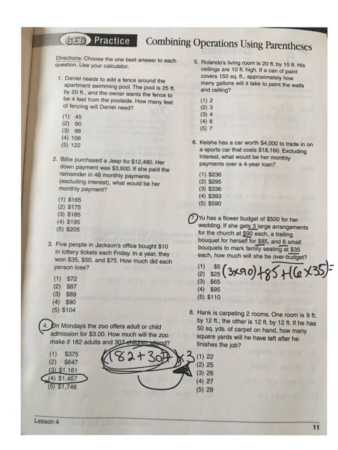Now what I'm going to do is go ahead and input this in your calculator, and I want you to practice with me. So in your calculator, open parentheses, 3 times 90, close parentheses, plus 85, plus, open parentheses, 6 times 35, close parentheses, hit your equal button, and your total is $565.